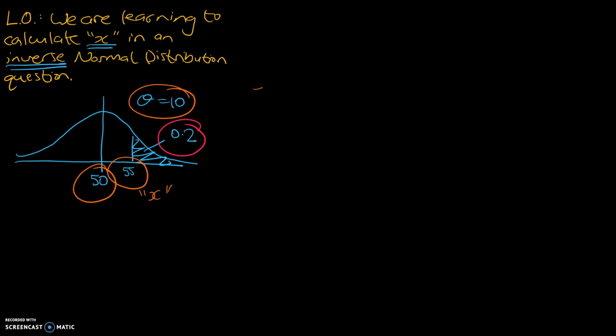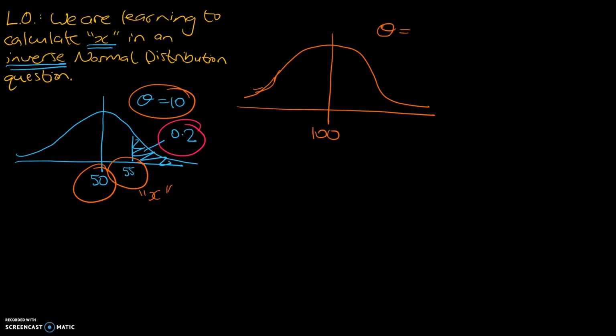So let's get into an example. So there's my normal distribution curve, a poorly drawn one. Let's say we were told our mean was 100 and our standard deviation was 7.5.